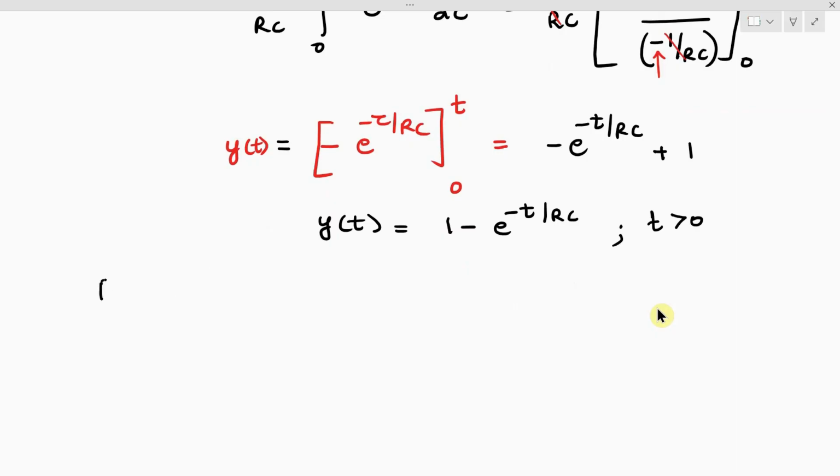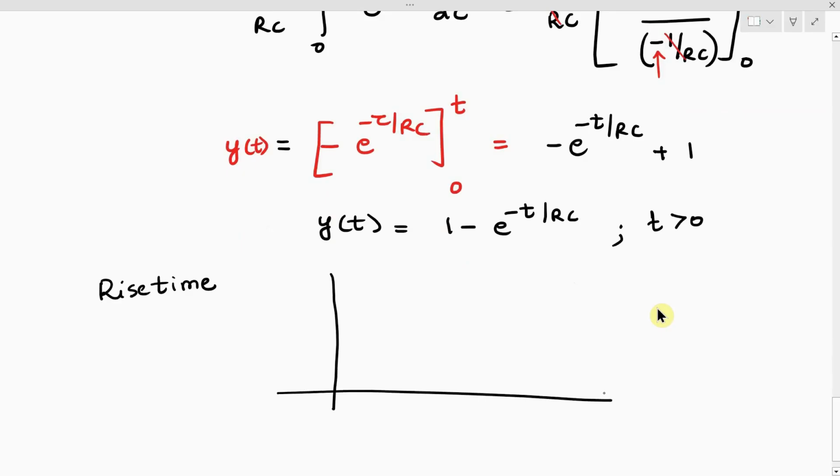Now after this, we have to calculate the rise time. Before that, I want to have a plot for this. So if I go for a plot for this, e power of minus t by RC, how will be the plot?